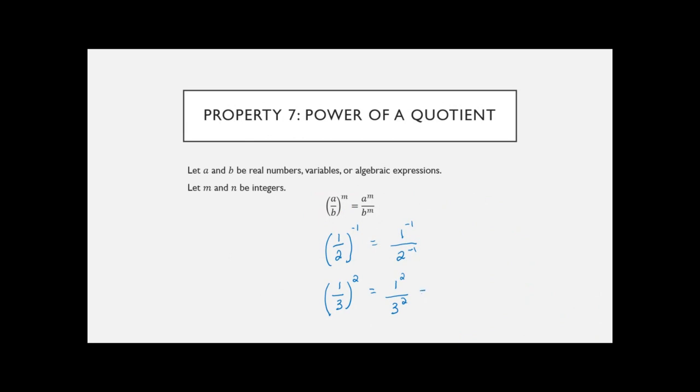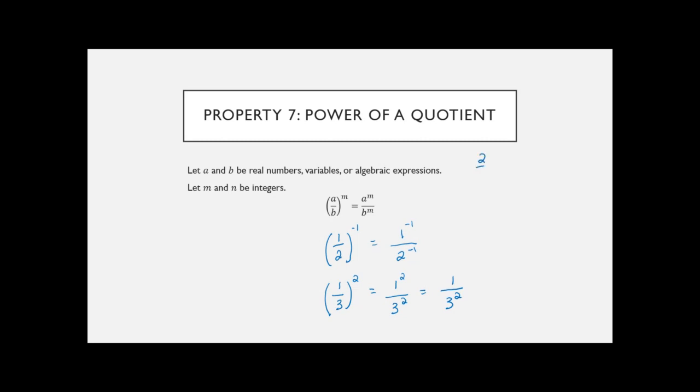1 squared is equal to 1. So that's why the alternate way to write that was to put the exponent only in the denominator. And that works because 1 to any power is equal to 1. If you had a different number up there, like instead of 1 you had 2, it wouldn't work that way.